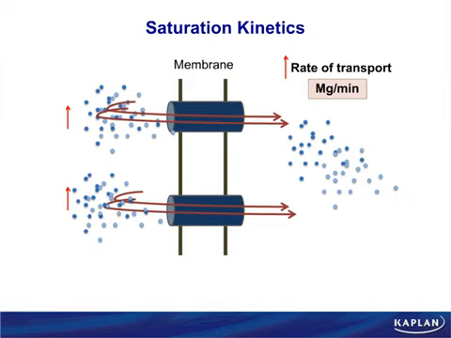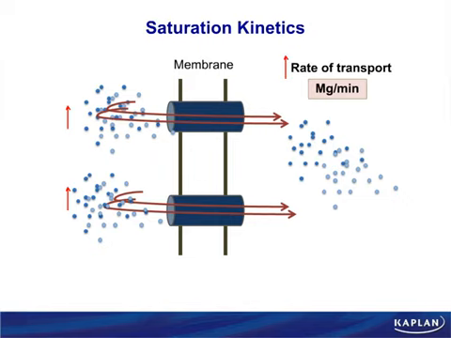At some point, these protein carriers become saturated. Once they become saturated, you continue to transport. It's not that you stop transporting, you continue to transport. But when these transporters become saturated, you transport at a constant rate.